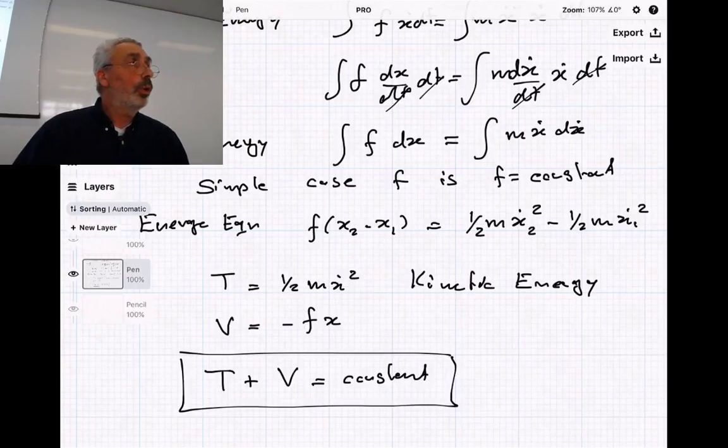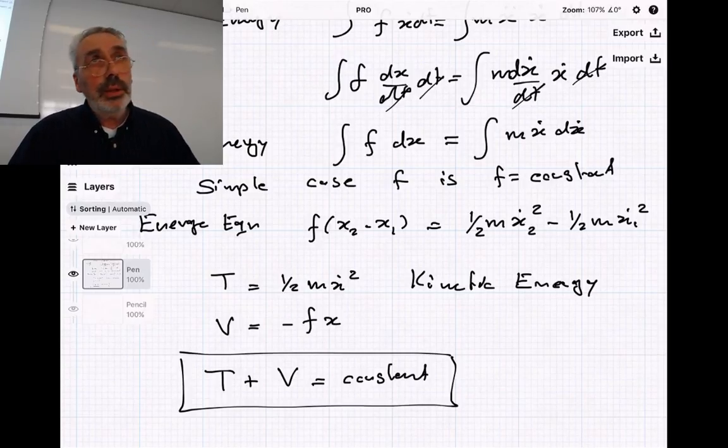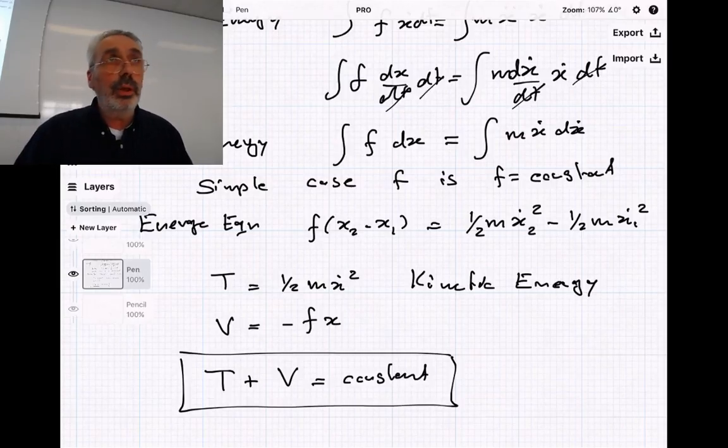And that's what we call energy conservation in the system. If you have non-dissipative forces, this was for conservative forces, then the mechanical energy you put in, force times distance, is transferred to kinetic energy, so that the thing is going faster. Or if you push the other way, the thing is slowing down. That's how things go.